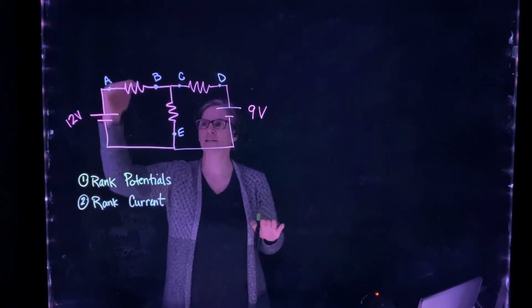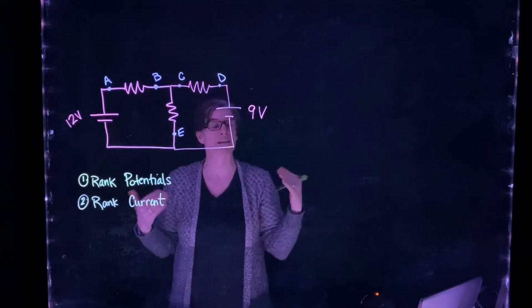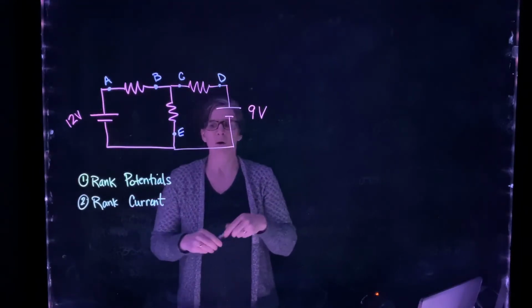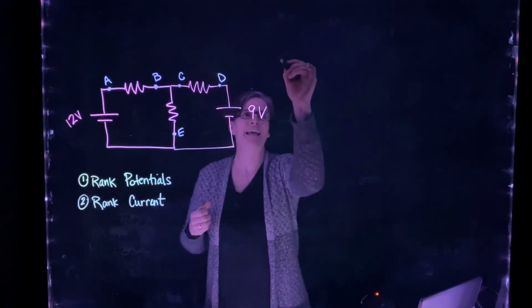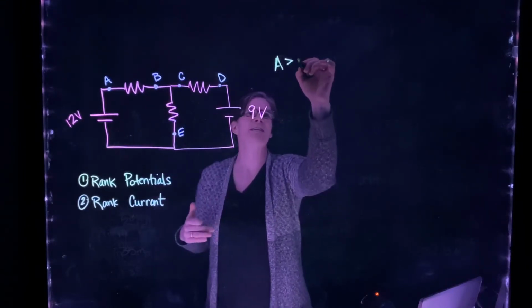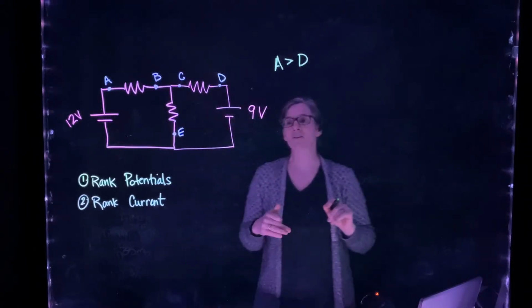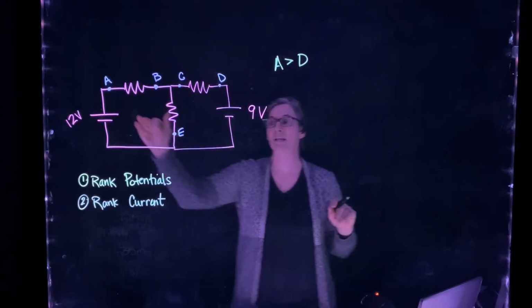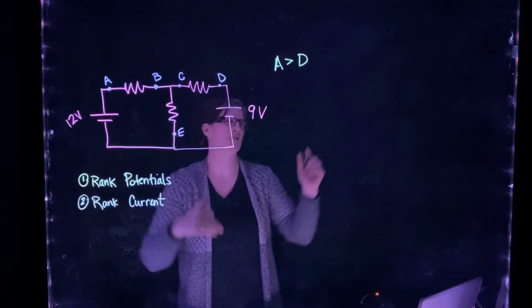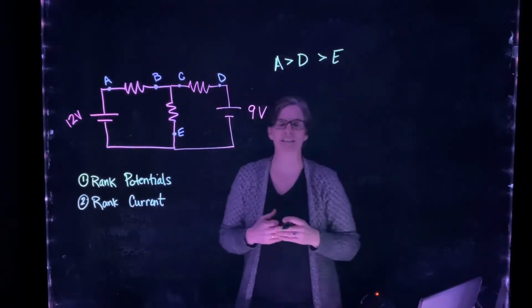Going across this battery, I would have 12 volts, and going across this battery, I would have 9 volts. Well, A must have a larger potential than D. And how do those compare to E? Well, E was my reference, my low potential, so both are larger than E.